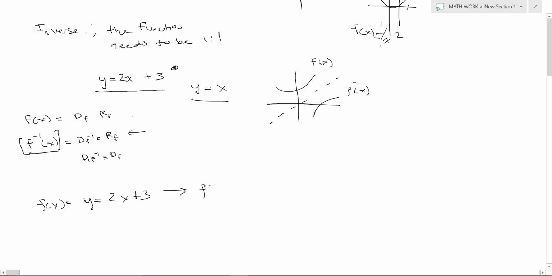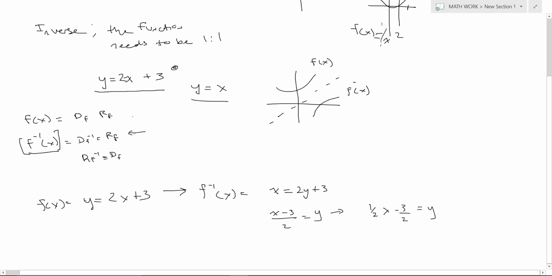The function inverse equals what? We simply interchange the values, and then we solve for y, right? So we're going to say x minus 3 divided by 2 equals y. Or we can simplify this: 1/2 x minus 3/2 equals y, right?